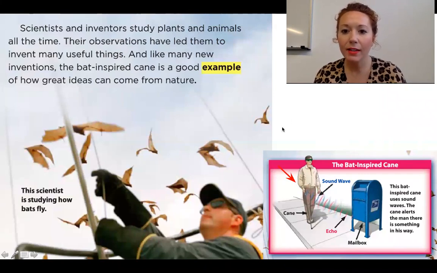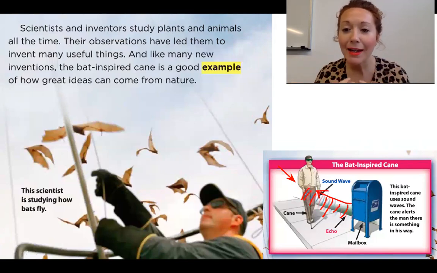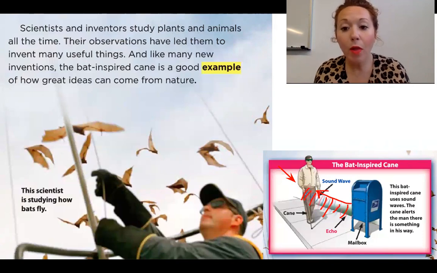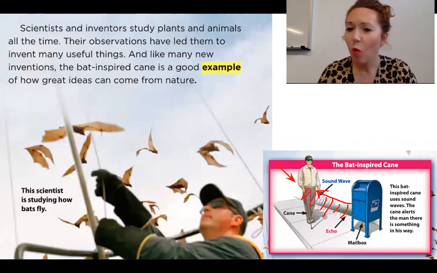And the cane is sending out sound waves, just like the bat. And when it hits something, it echoes, and it sends the vibration back to the cane. So that way the cane can alert the blind person if there is anything in the way, so the blind person can be safe when they're walking on the street.